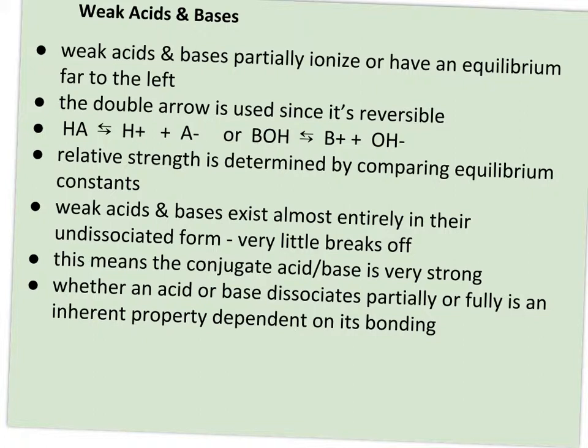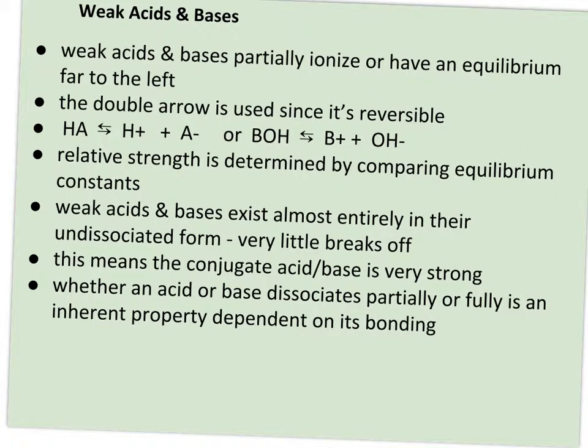So weak acids or bases exist almost entirely in their undissociated form. So HA mostly stays HA with a little bit becoming H plus and A minus. So now this means the conjugate acid or base is very strong. This conjugate base, I should say, very much recombines with the H plus, forming almost entirely HA or keeping HA in the solution.